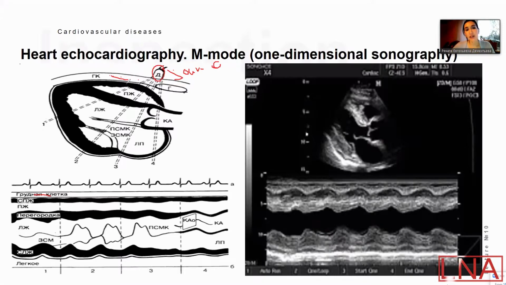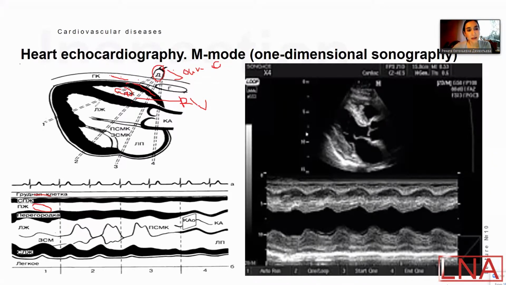Next, you can determine the anterior wall of the right ventricle. Next, it's exactly the chamber of the right ventricle, and look, it's just in front projection, yes?